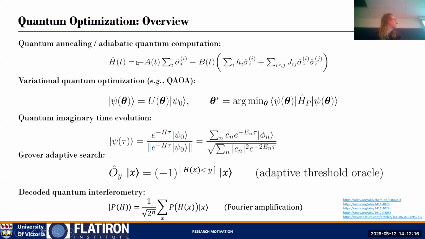So in quantum annealing, we start with an easy to prepare superposition, the driver Hamiltonian that doesn't commute with the problem Hamiltonian, and then we slowly and continuously interpolate between that driver Hamiltonian and the problem Hamiltonian, which is diagonal in the computational basis. And what's relevant to us here is that the inverse spectral gap, which governs the evolution time needed to optimize within this context, scales monotonically in the number of qubits present.